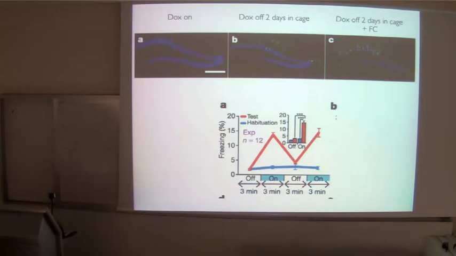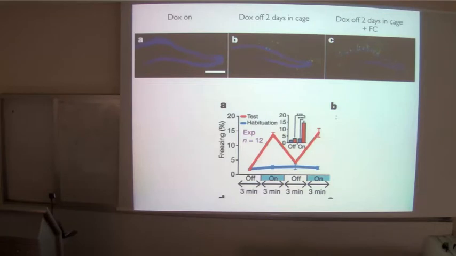Or actually, the way we want to think of it is as the memory that this box is a box that I need to fear. The fear itself is encoded somewhere in the amygdala, but we don't talk about that. And then you see that if you take the mouse and you activate the light, it actually freezes.